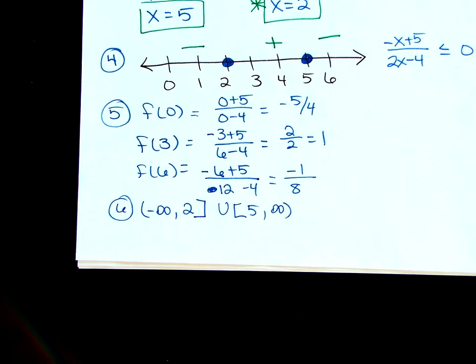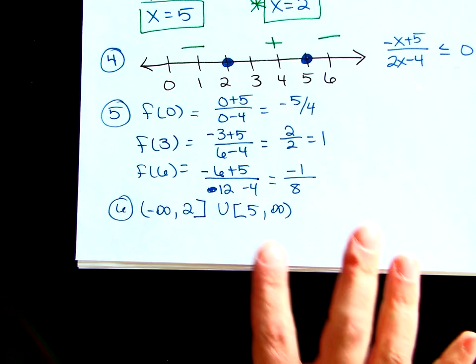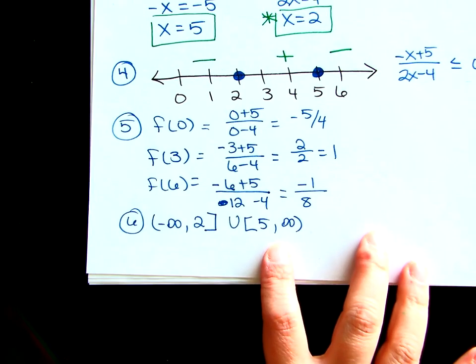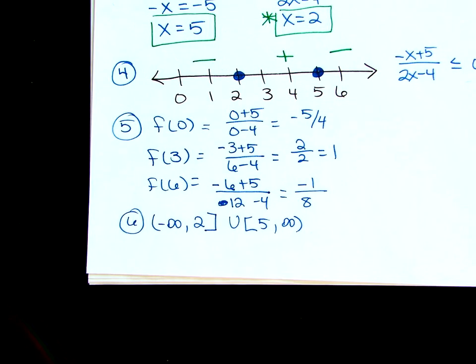Now the question becomes, are either of my trouble spots included in causing problems? Is my answer wrong in my notes? Where were our trouble spots? Yeah, just at 2. Is 2 included in our answer interval?